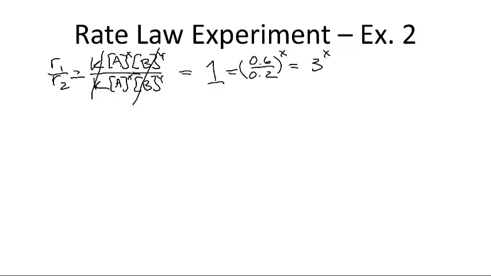Well, what number can x be such that 3 to the x equals 1? 0. So x equals 0. What does that mean? A is 1, right? A does not matter in this reaction. So the concentration of A is independent of this reaction.